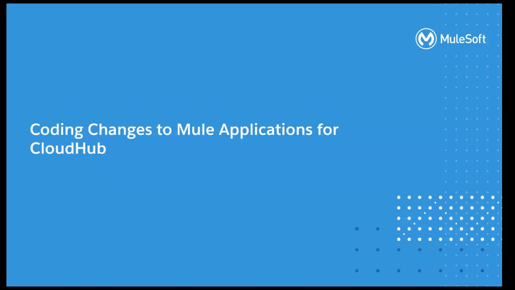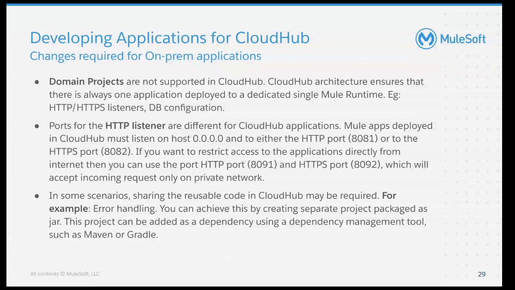Now comes the part where all the developers must be curious: what application code changes do you need to make sure the on-prem application works in CloudHub? The biggest change for me when I was migrating projects was the domain project. The domain project concept is not supported in CloudHub.